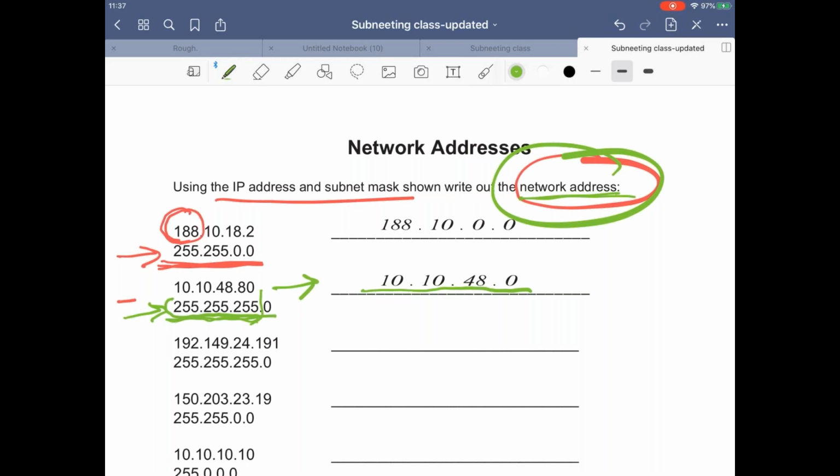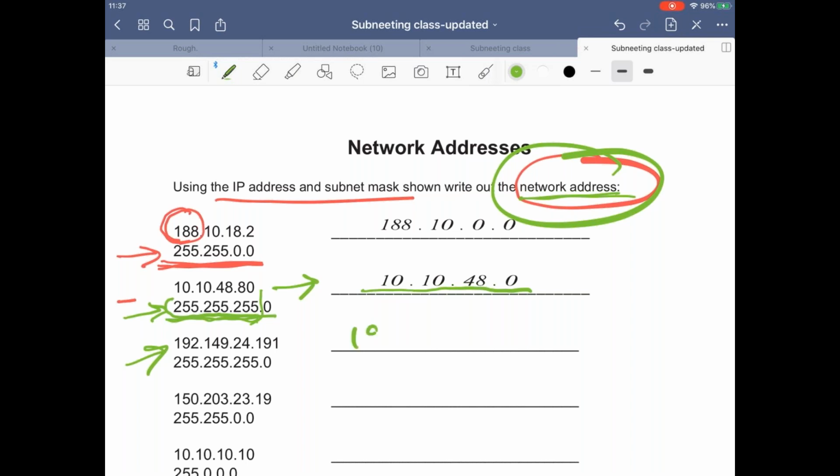Now the third one. 192.149.24.191. The subnet mask is given here. So the network address will be 192.149.24.0. Is it correct?